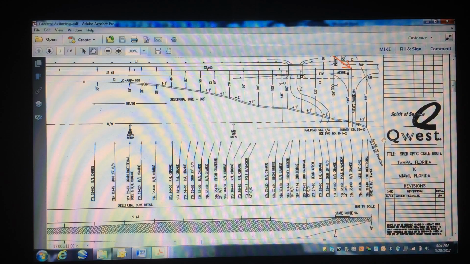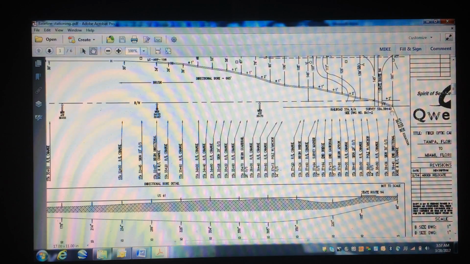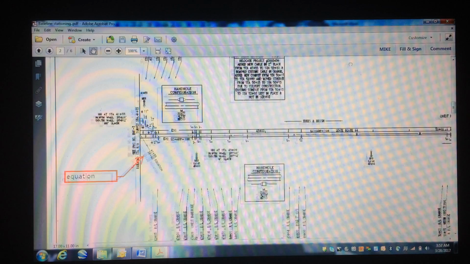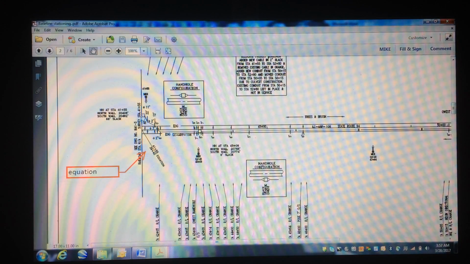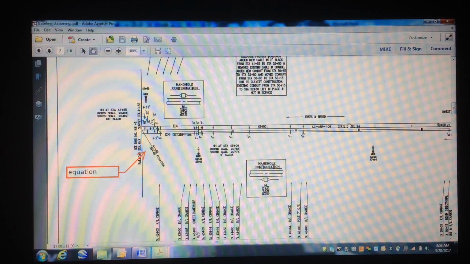And there he put the equation, and now all of this stationing basically right in here isn't used, so that's why there's about a 200-foot station equation there. And then starting here, he changed his baseline on his offsets, and now he's taking offsets to the center of this road right here, and he comes down in here and keeps going that way.